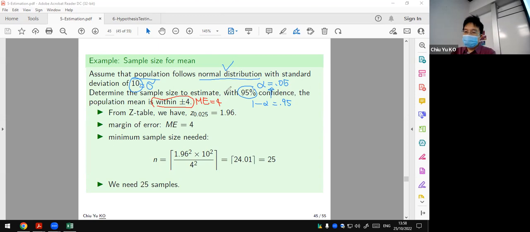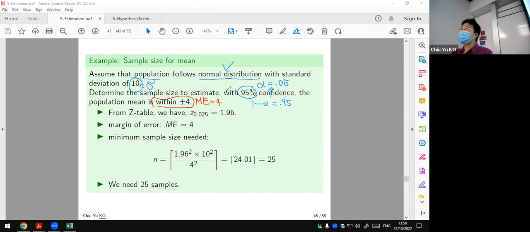I want to estimate the sample mean, and after that do a 95% confidence interval, and I want the interval to be no more than 4. So that's the goal. Then we need to ask ourselves how many samples we're going to get. Is it clear what we're doing?